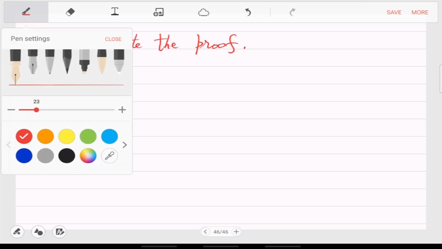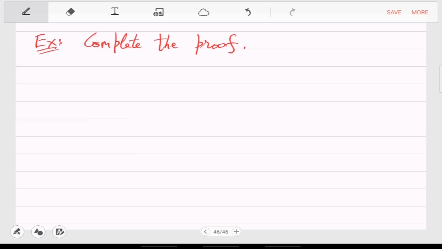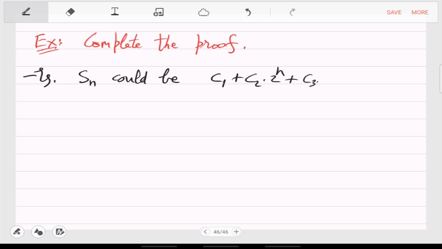So for example, Sn could be 1 plus, it's a linear combination, so maybe C1 plus C2 times 2 raised to n plus C3 times 3 raised to n plus C4 times n times 3 raised to n.